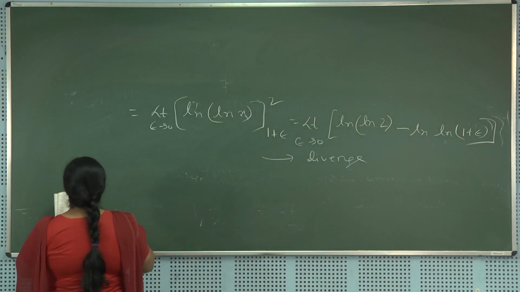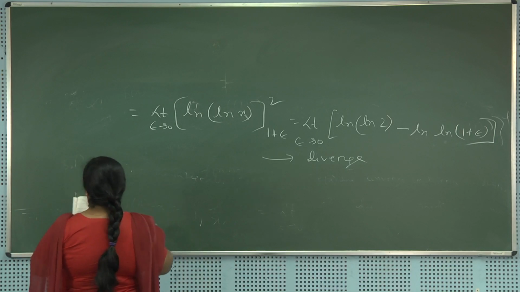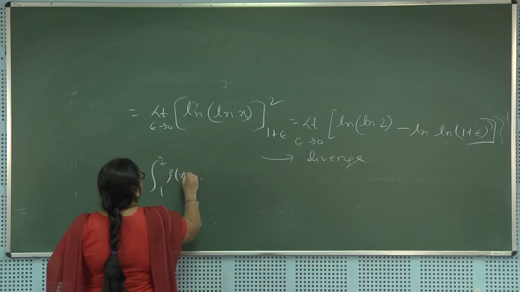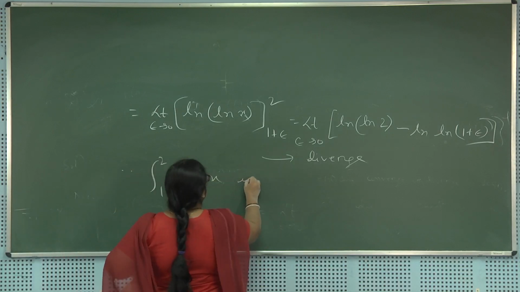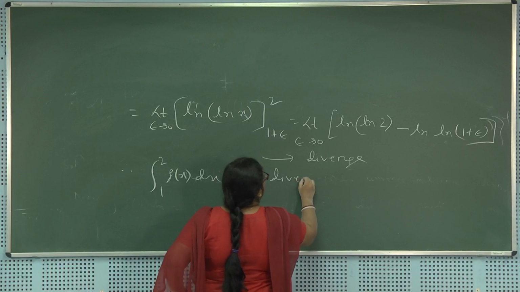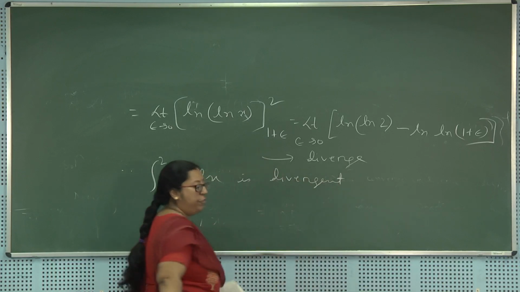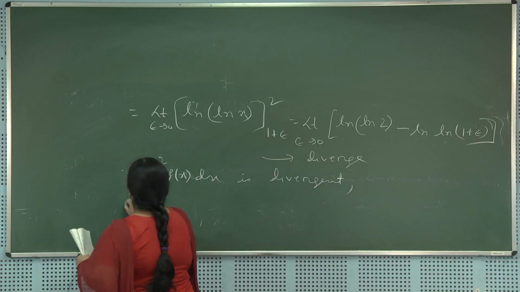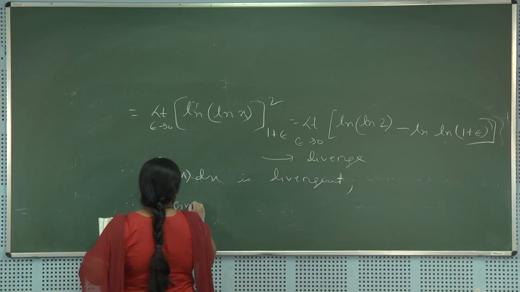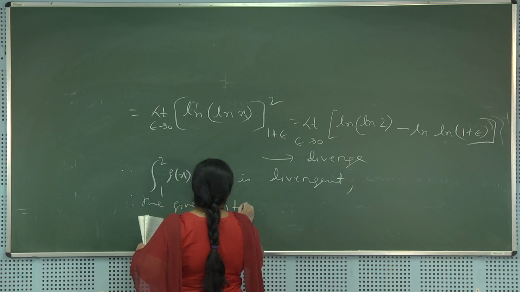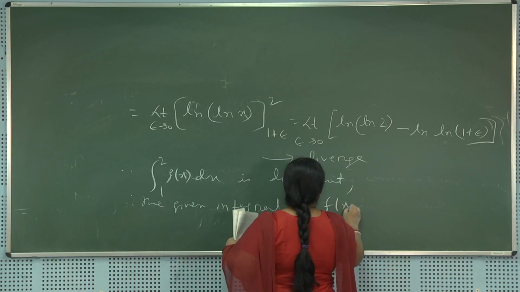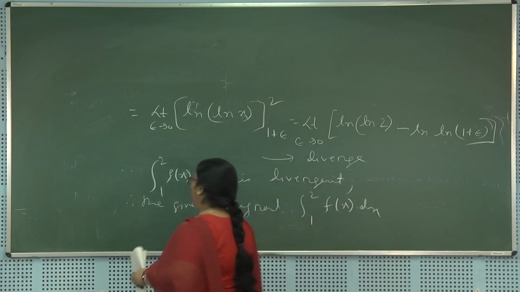In this case, integral 1 to 2 g x dx is divergent, and because it is divergent, therefore the given integral, integral 1 to 2 f x dx, is divergent.